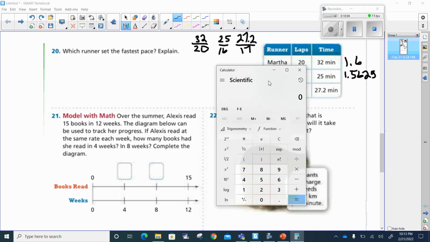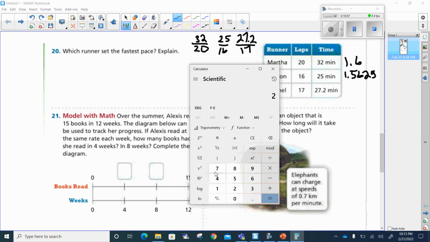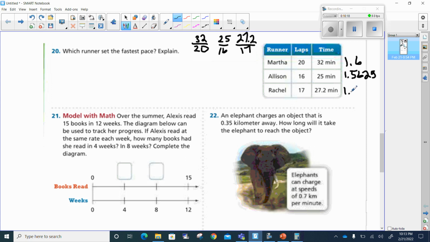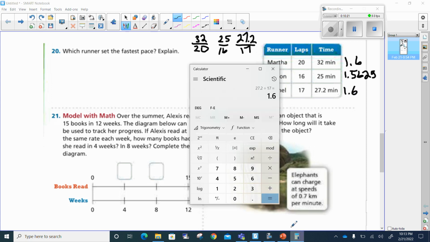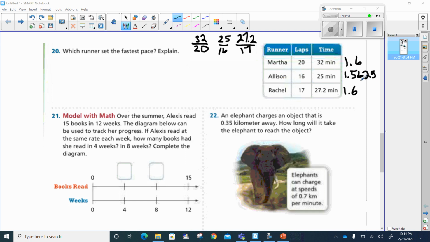Rachel does hers in 27.2 divided by 17. That is 1.6 as well. I'm going to double check that one more time. 27.2 divided by 17. So they said, which one sets the fastest pace? Well, the fastest pace is going to be who does one lap the fastest, and that's got to be Allison. She's doing it in 1.56. We're going to go with Allison.